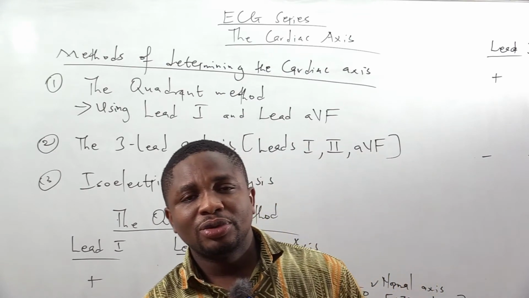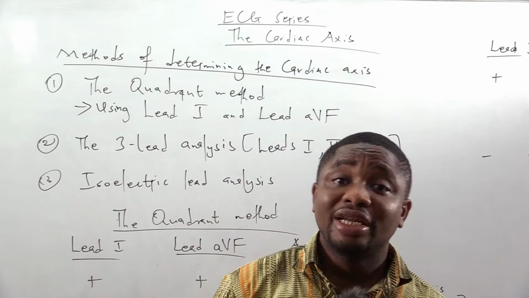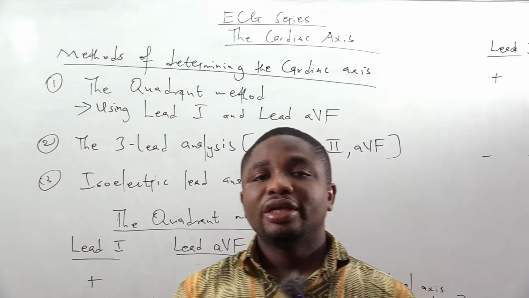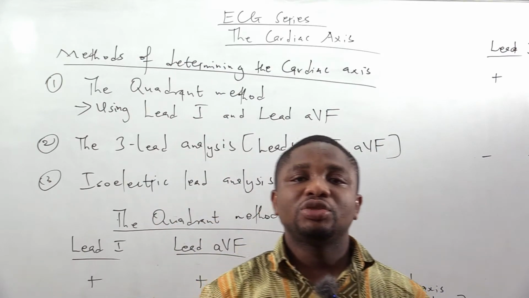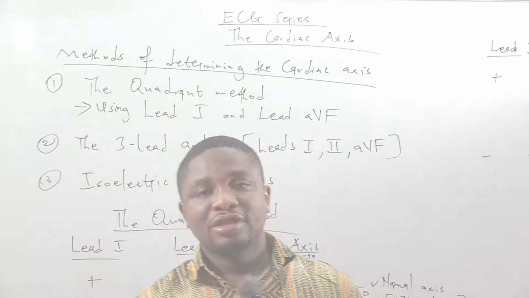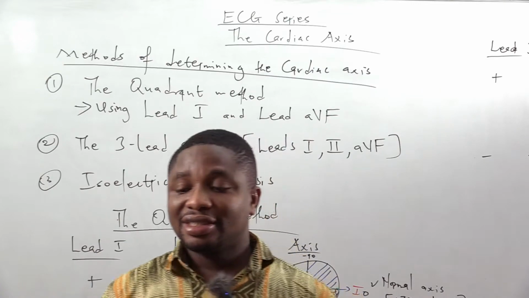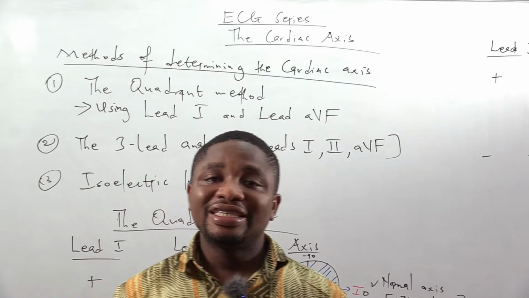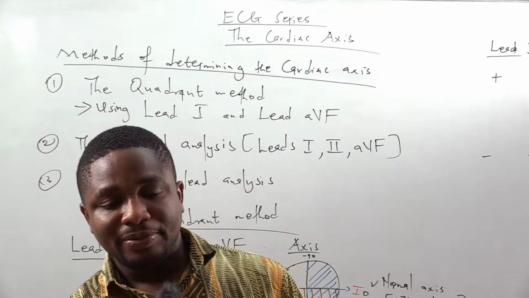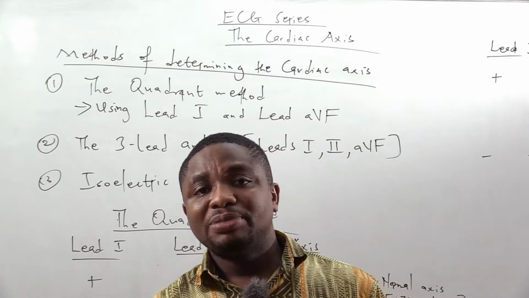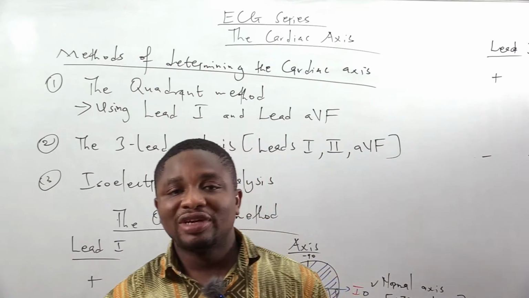Then after that, we'll look at the tri-lead analysis, where in addition to lead 1 and aVF, we'll be bringing into play lead 2. Finally, the isoelectric lead analysis, and that one we'll be using a particular approach. So let's begin with the first one, that's the quadrant method.